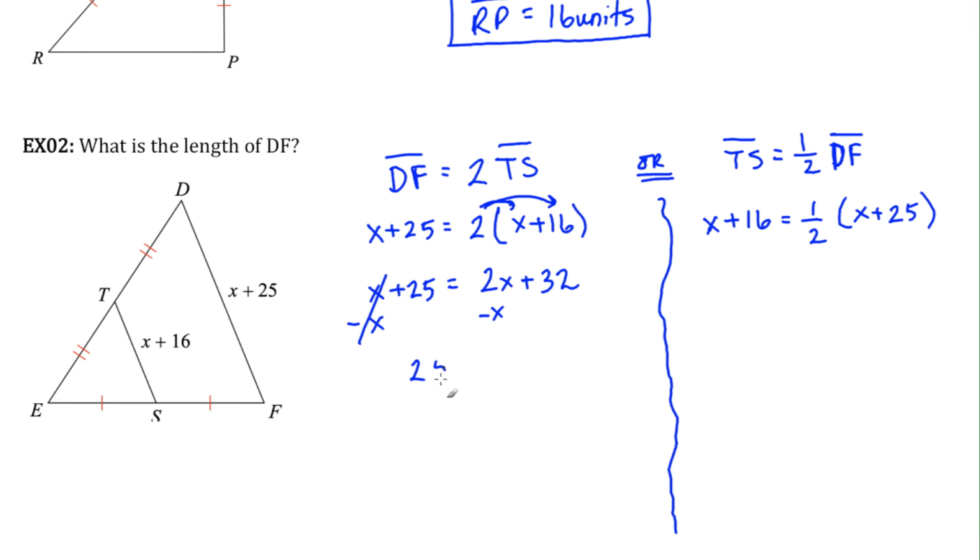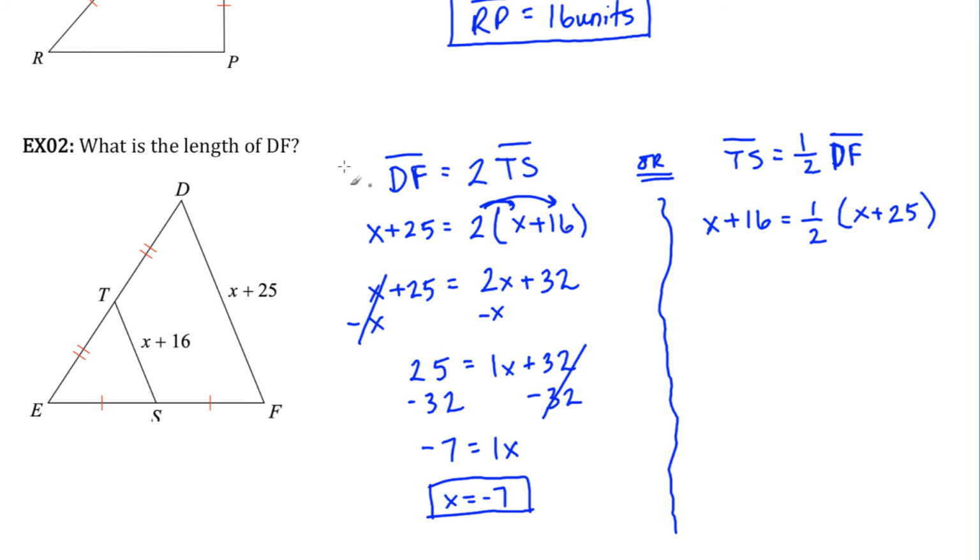So 25 equals 1x plus 32. Now I'm going to subtract 32. And we get negative 7 equals 1x, which just means x equals negative 7.